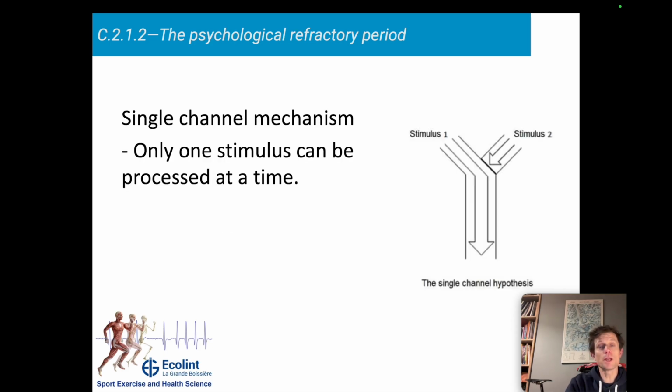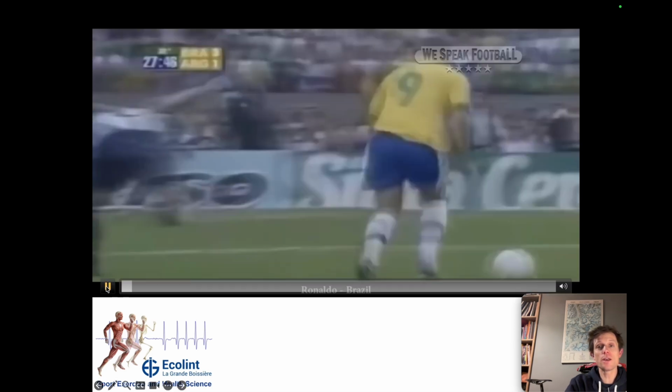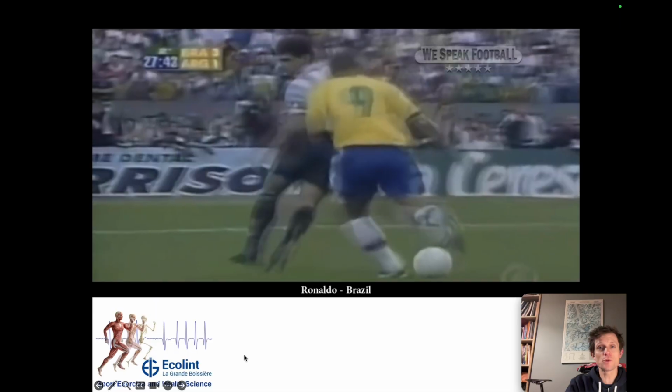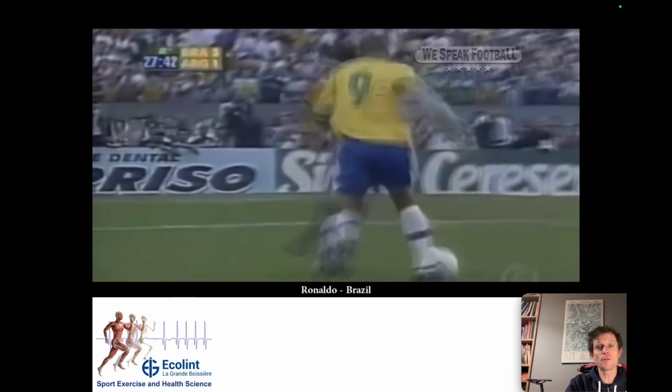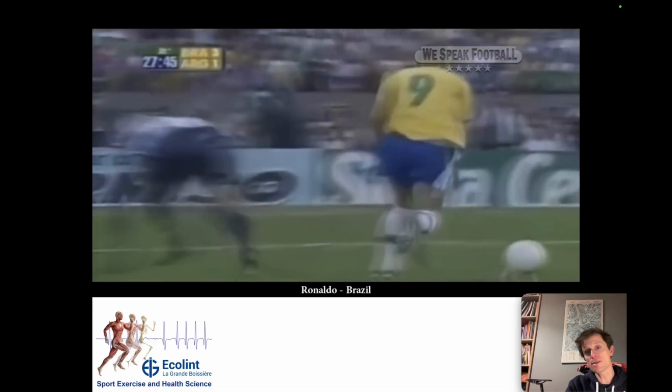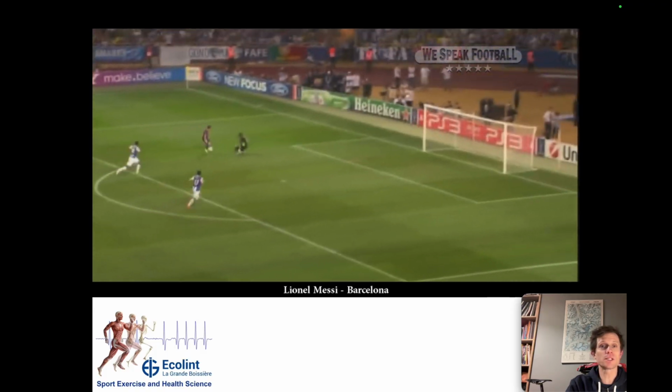The idea here being that there's a single channel mechanism, so only one stimulus can be processed at a time, and only after that stimulus has been processed can we then respond to the second stimulus. We can see here in this video a number of different examples in sports of where people have given one stimulus and then the player decides to give a second stimulus.